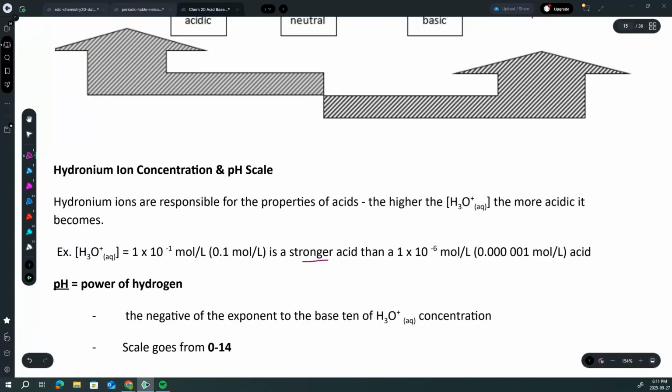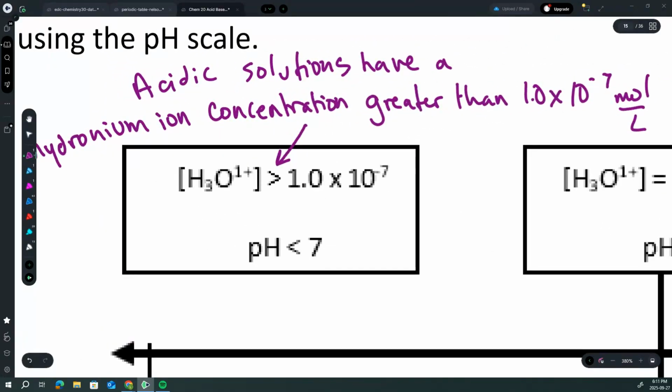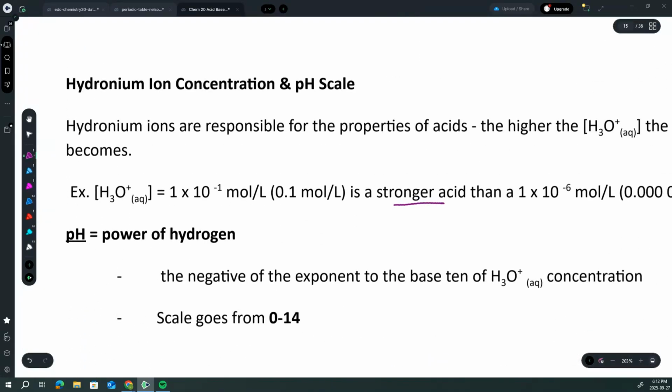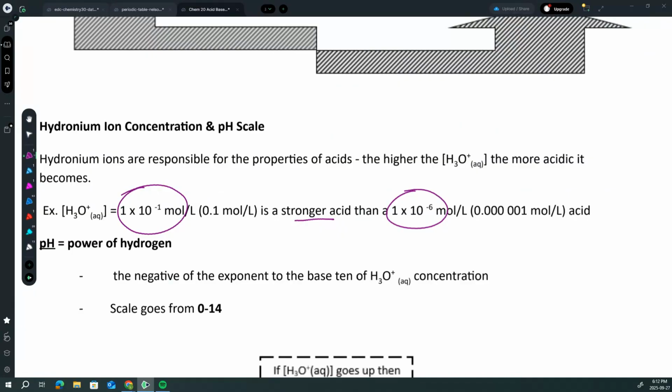it is a stronger acid than a solution that has a concentration of hydronium ions equal to 1 times 10 to the -6. Just as a reminder, the bigger the concentration of hydronium, the more acidic it's going to be. Since this number is bigger than this number, we can say this is a stronger acid than this solution, because the first one has a higher concentration of hydronium ions compared to the second one.